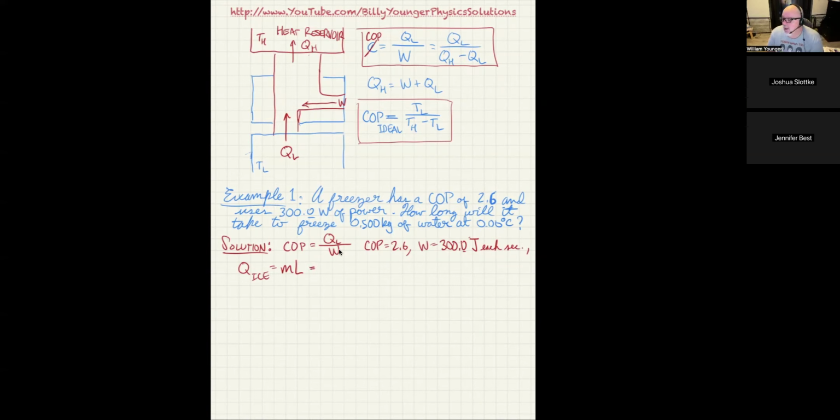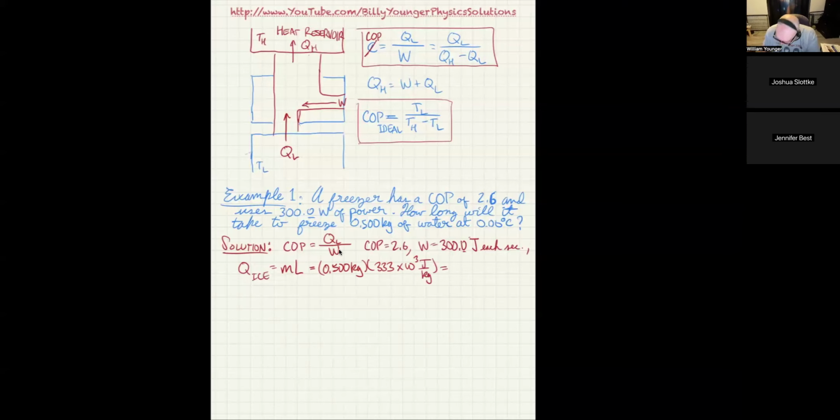That's in the case of going from a liquid to a solid or a solid to a liquid, and in the case of going from a liquid to a gas, that would be vaporization. So we're using the fusion one, and that gives us 0.500 kilograms times 333 times 10 to the third joules per kilogram.